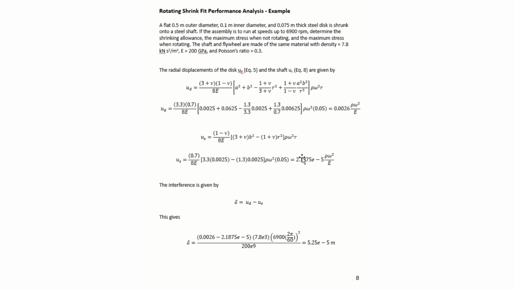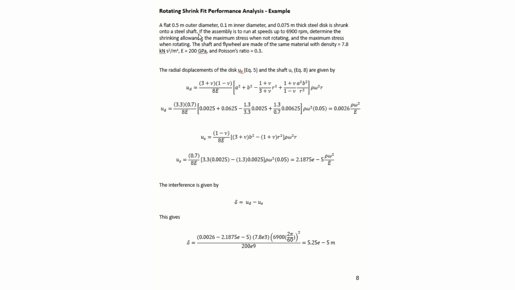Let's look at an example problem and see how we can use some of these equations to compute some results. So in this example, we have a flat 0.5 meter outer diameter, 0.1 meter inner diameter, and 0.075 meter thick steel disc. And this disc is shrunk onto a steel shaft.